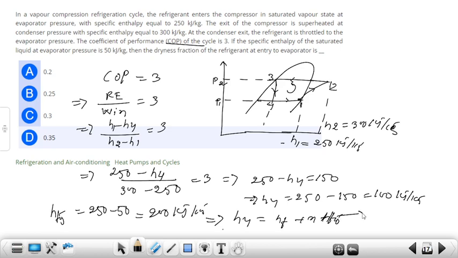HFG is equal to 200, X value we have to calculate, and HF is given as 50, and H4 is equal to 100.